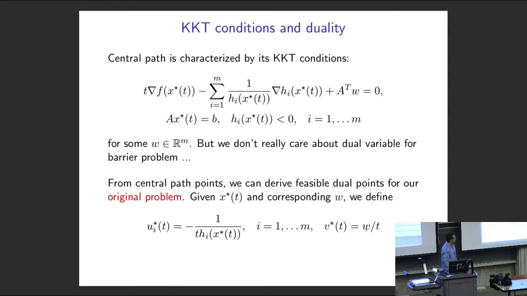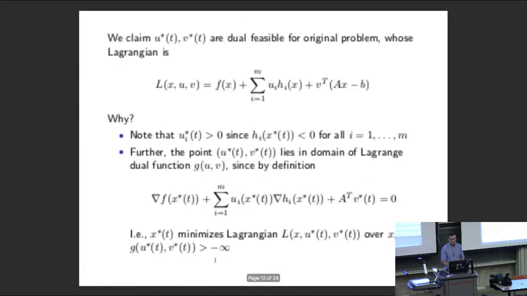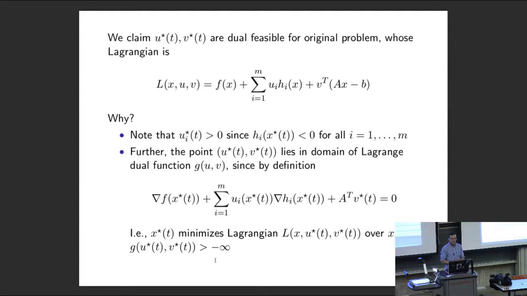So v I'm going to take to be the w that I got from the KKT conditions divided by t, and u is going to be negative 1 over t times h_i of x. Those are two definitions of variables at this point. And what we're going to see is that they're actually dual feasible for the original problem, which in other words means that they're going to lie in the domain of the Lagrange dual function.